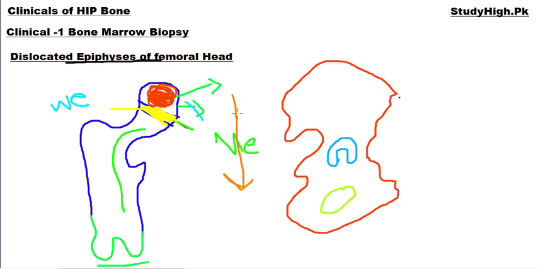Why? When it is dislocated in the downward direction, the weight of the body is also pushing downward. This is the weight of the person, and here the hip joint is found between the femur and the acetabulum of the hip bone. When this head is dislocated in the downward direction, the angle between the neck and the shaft will be reduced. When the angle is reduced, there will be shortening of the limb.